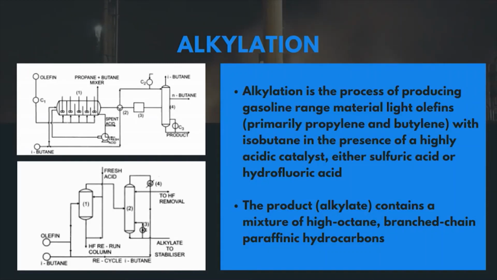There are certain other units which are part of a refinery, and all these units need not be present in every refinery. In the previous episode, I mentioned that depending on the type of crude being processed, the type of products desired in the market, and the specification of the products, the number or type of units in a refinery will vary from site to site.